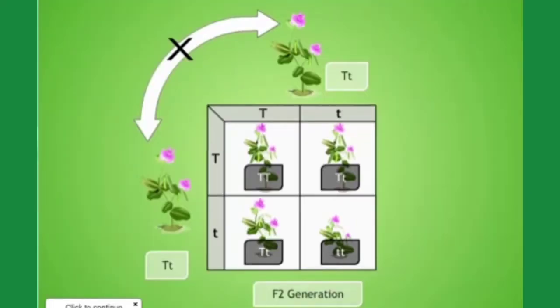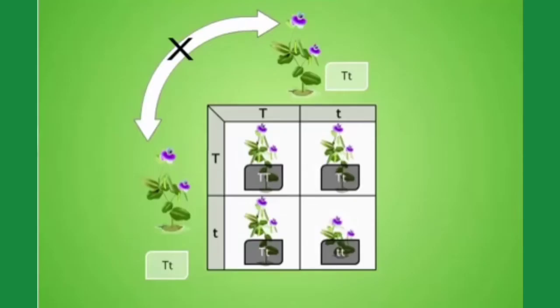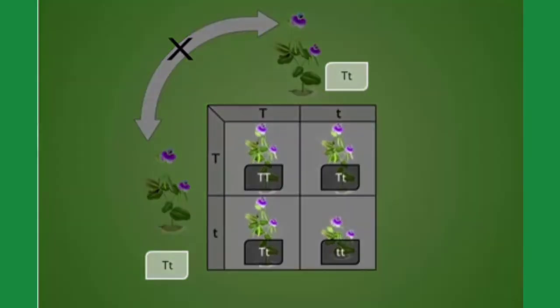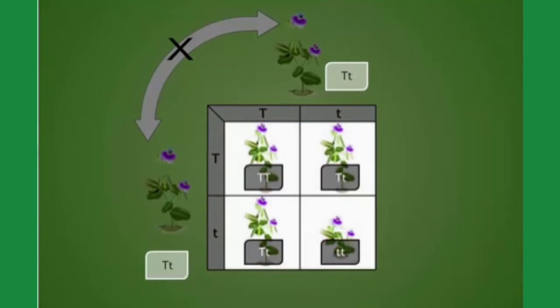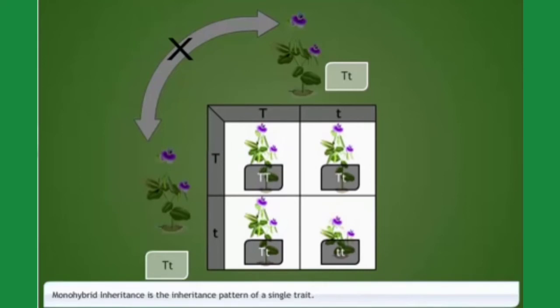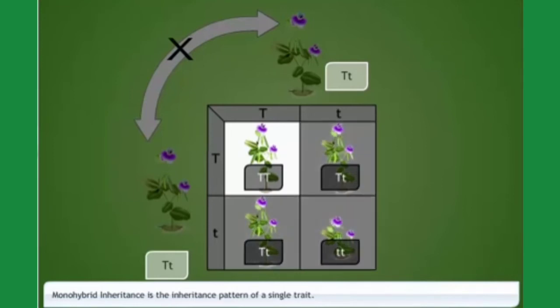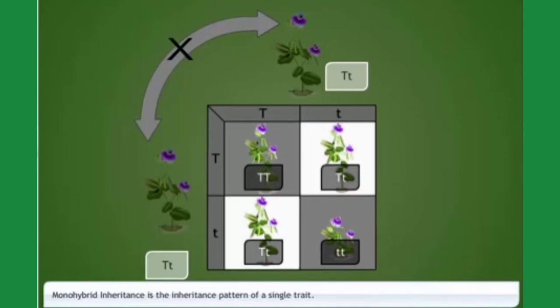Now, let's see the entire experiment in the form of genotypic and phenotypic representation. From the Punnett square, it is seen that random fertilization results in 1/4 TT, half Tt, and 1/4 tt.